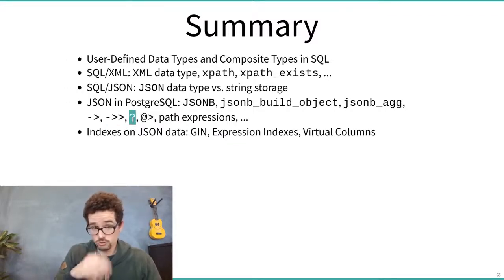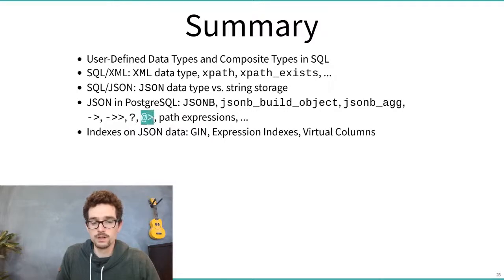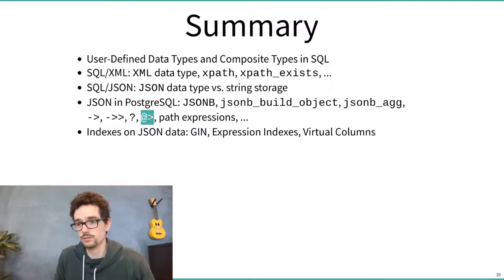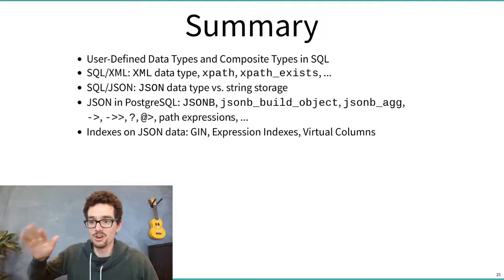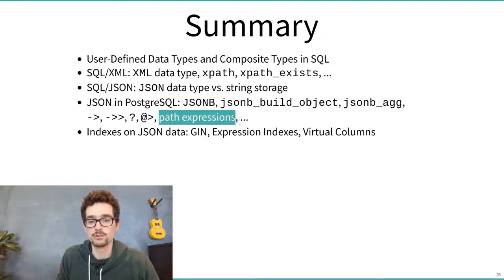A function that checks whether an element is in an array or whether a key is present. This nice operator which checks if a JSON document contains another one, and how to do path expressions for this, JSON path with a $dot something, within the database directly to support even more complex operations with an or so.